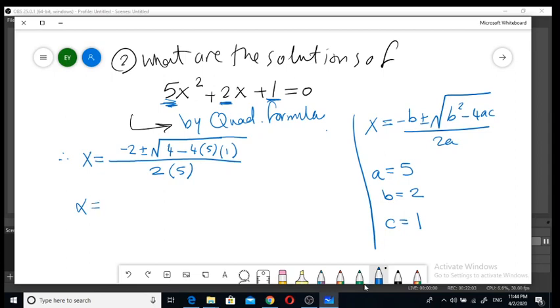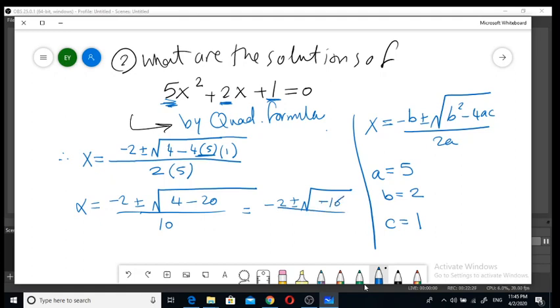Then x is equal to negative 2 plus or minus 4 times 5, 20, over 10. And then we have negative 2 plus or minus square root of 4 minus 20 will be negative 16 over 10.